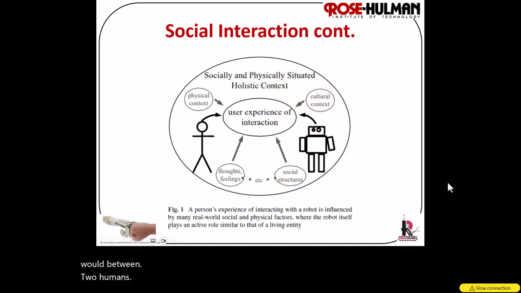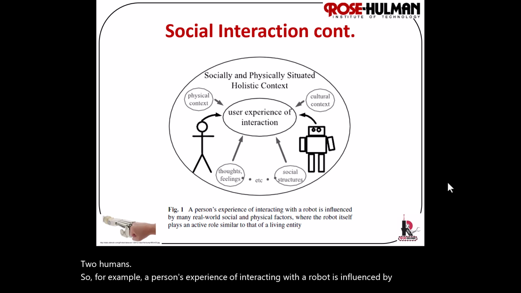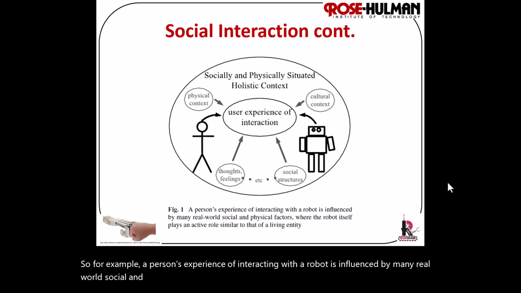So for example, a person's experience of interacting with a robot is influenced by many real-world social and physical factors, where the robot itself plays an active role similar to that of a living entity.